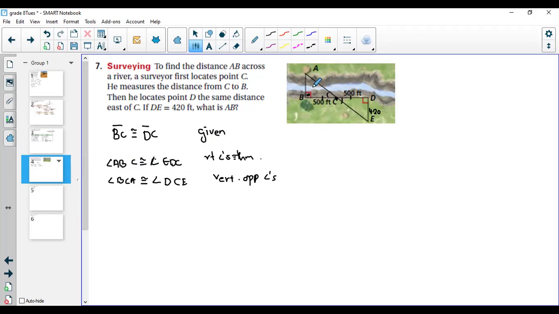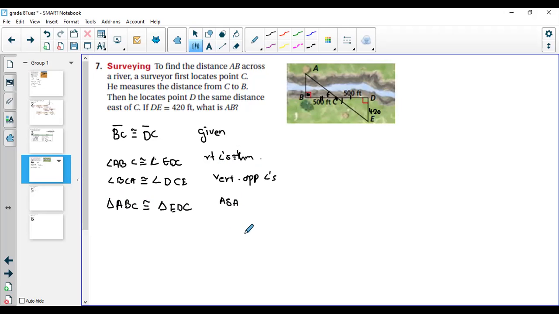Fine. So we have used this angle, we have used this side, and we have used another angle. So we have used two angles and the included side. So now can we say that triangle ABC is congruent to triangle EDC because of angle, side, angle.